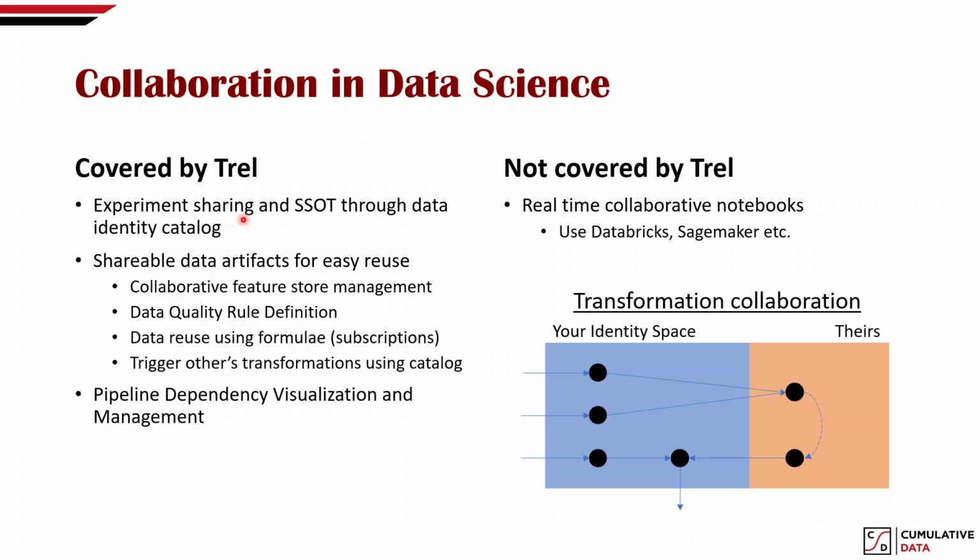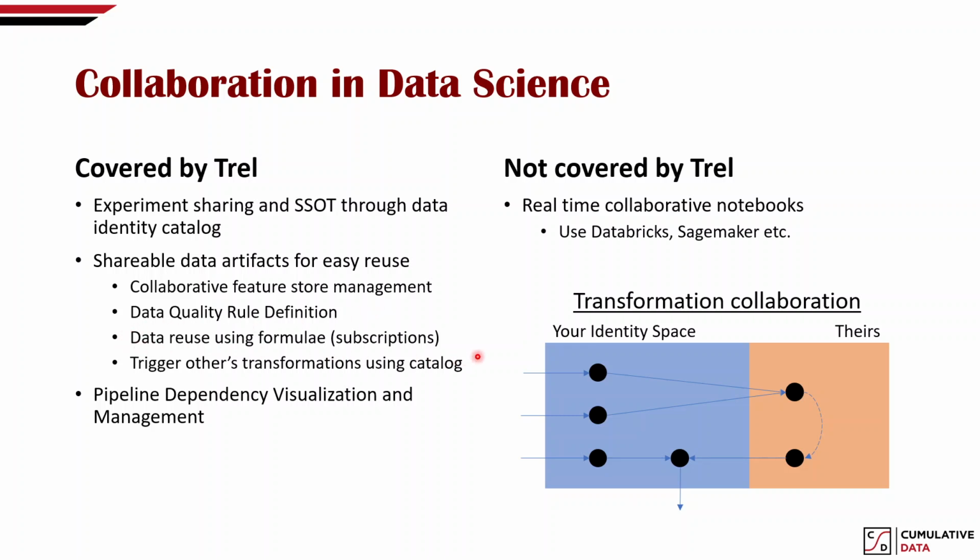In addition, there are other shareable data artifacts that can be reused by your team members. This, of course, includes the feature store, but you can think of it as a data set. Data quality rule definitions can be shared.